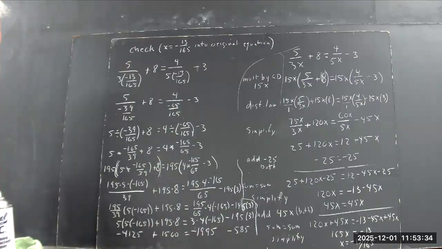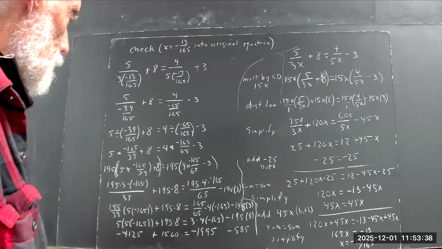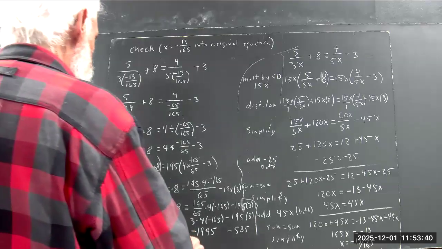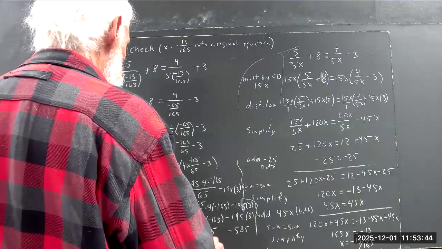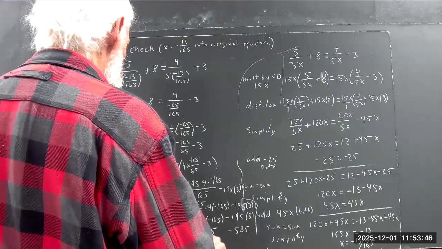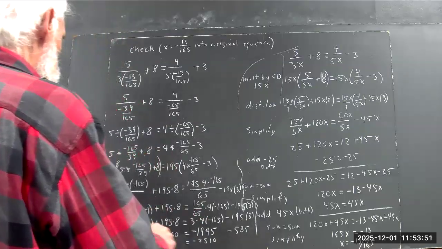Okay. Now, do those add up? Negative 1995 and negative 585 should be pretty easy to add up. That's going to give me negative 2510. And this isn't going to quite work out.